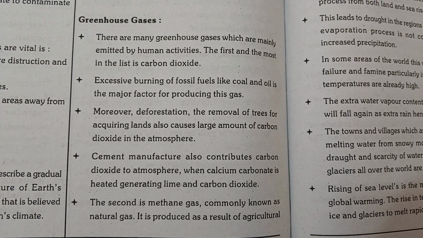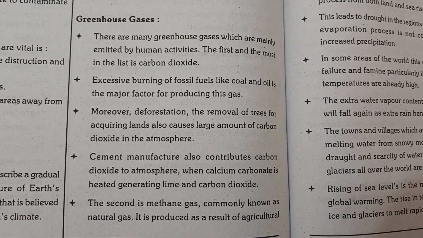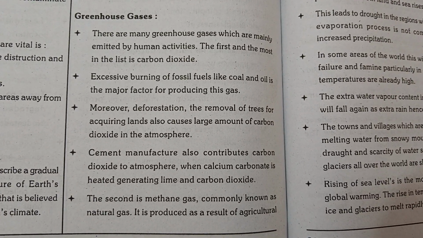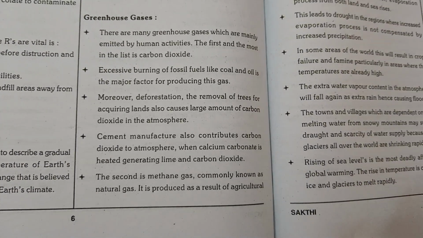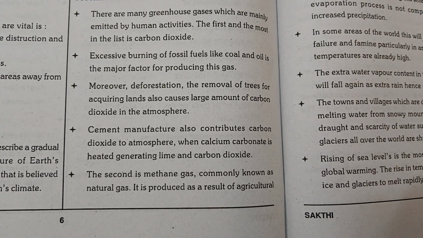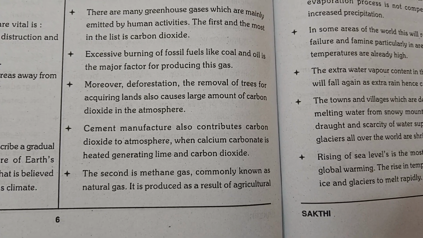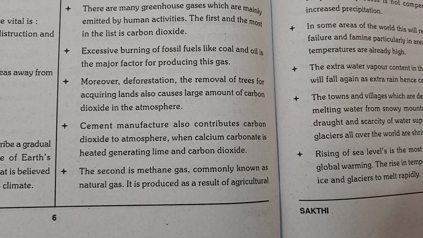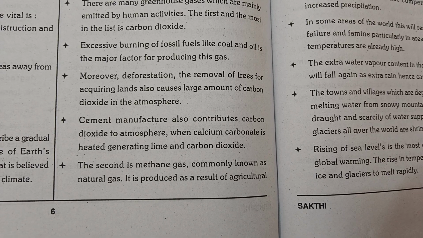Moreover, deforestation, the removal of trees for acquiring land, also puts a large amount of carbon dioxide in the atmosphere. Cement manufacture also contributes carbon dioxide to the atmosphere when calcium carbonate is heated, generating lime and carbon dioxide.